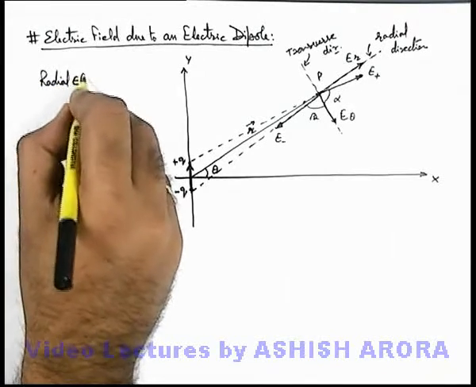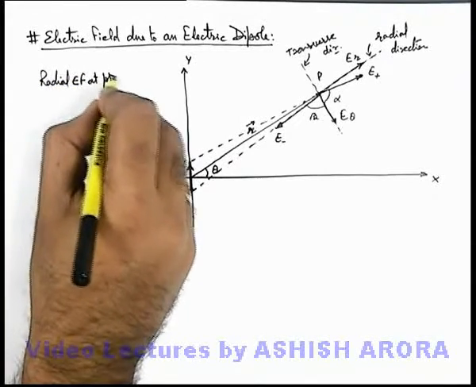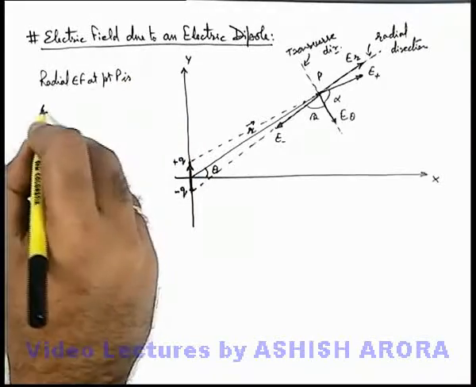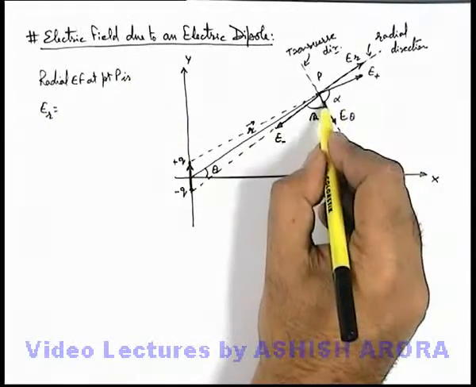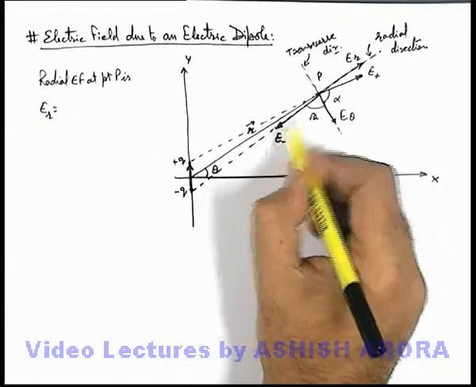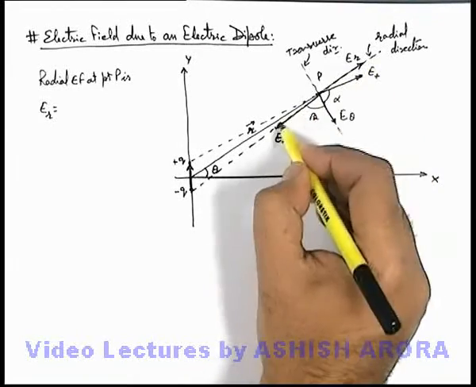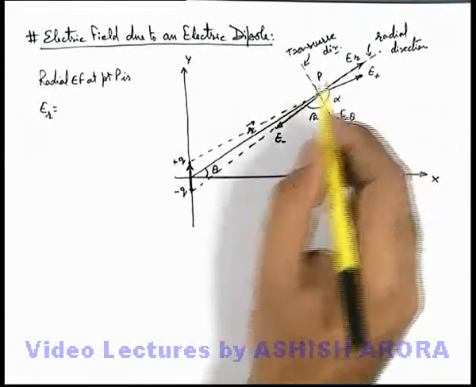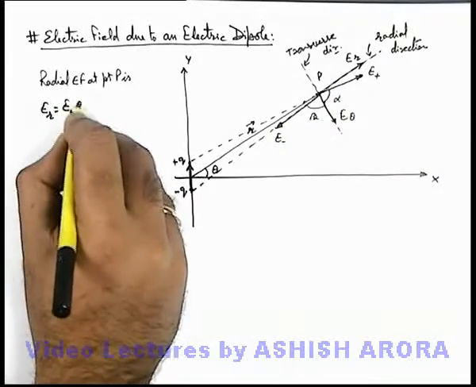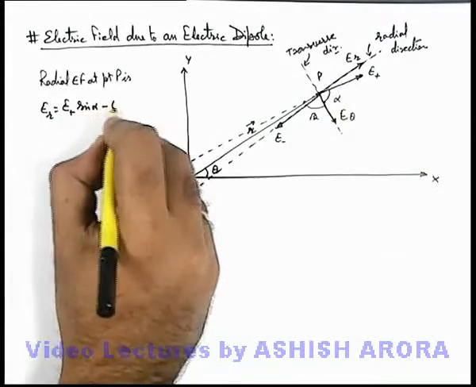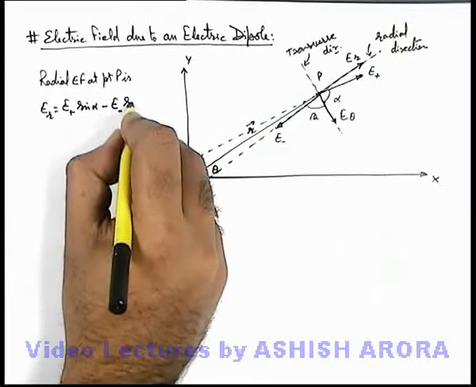So here we can write the radial electric field at point P, this ER, directly as the sum of the components of E plus and E minus along the radial direction. We can see these are in opposite directions, so it will be E plus sine alpha minus E negative sine beta.